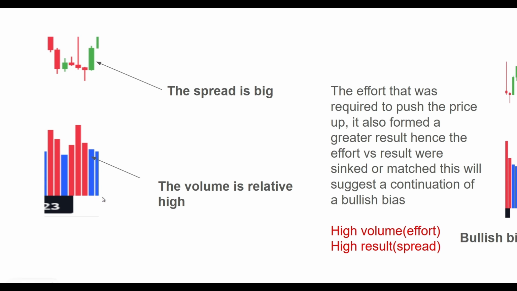So the volume and the spread are matched. The spread is big and the volume is high. The effort that was required to push the price up also formed a greater result. Hence, high volume, high effort, high result, or high spread, and that will always result in a bullish bias.